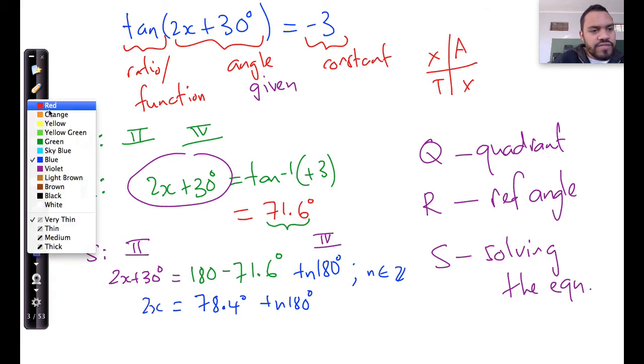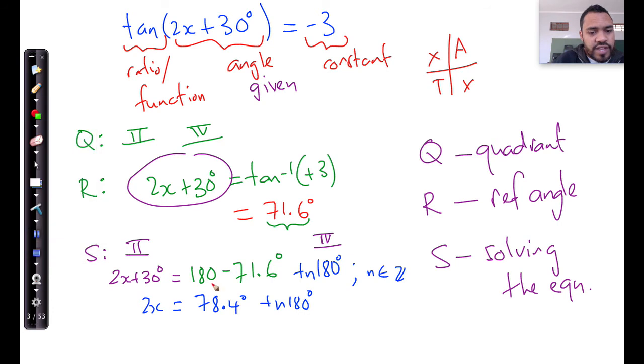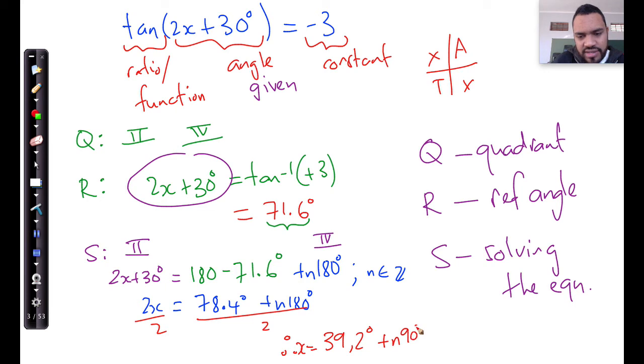Now we need to solve for x, so we divide both sides by 2. Therefore x is going to equal 39.2 degrees plus n multiplied by 90 degrees, such that n is an element of the integers. And there we've solved it for the second quadrant.